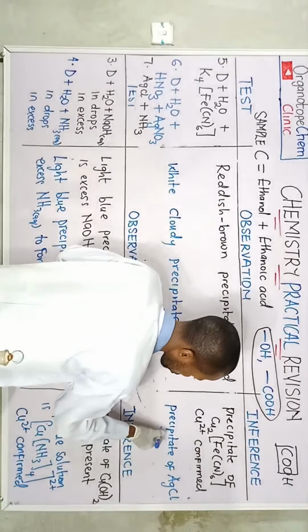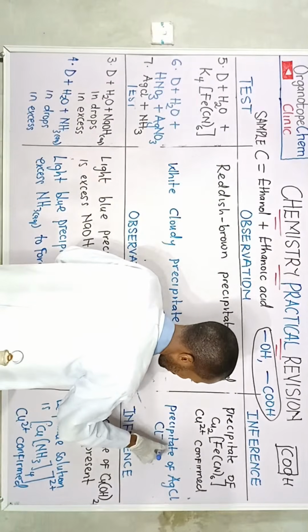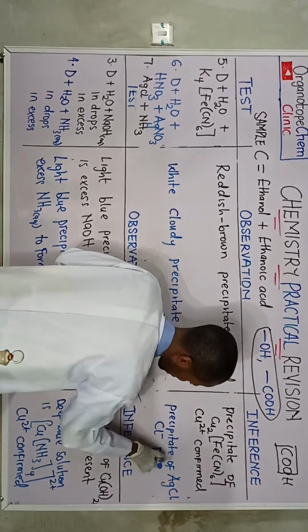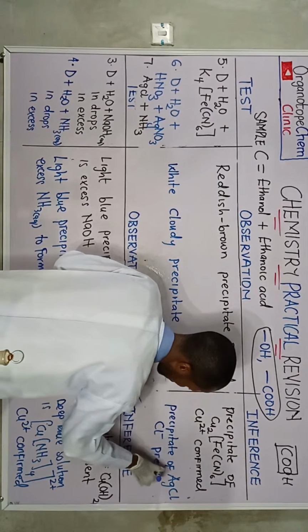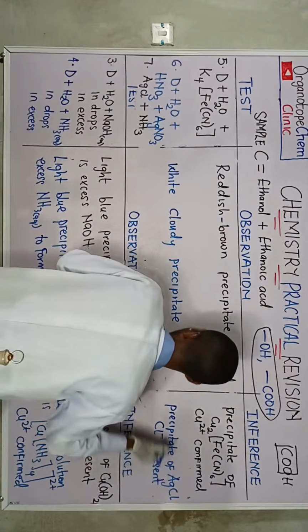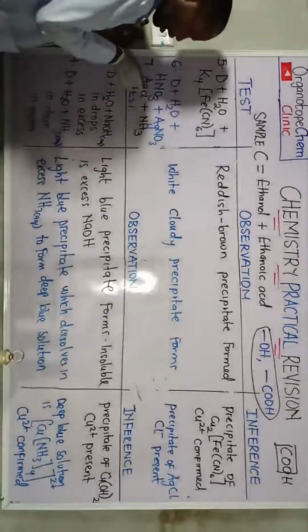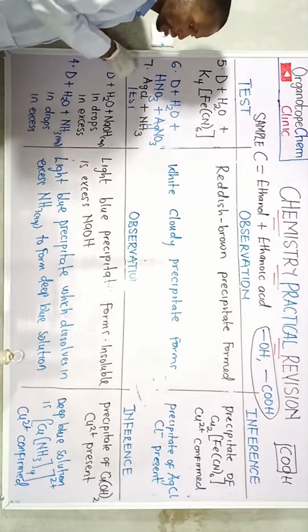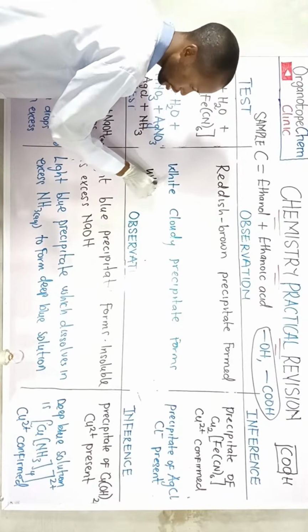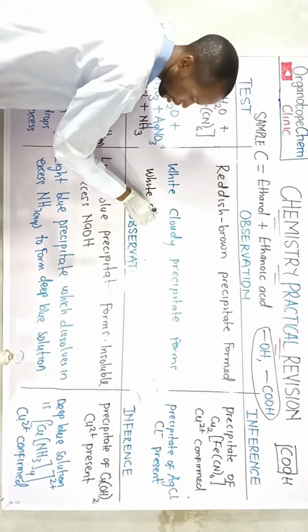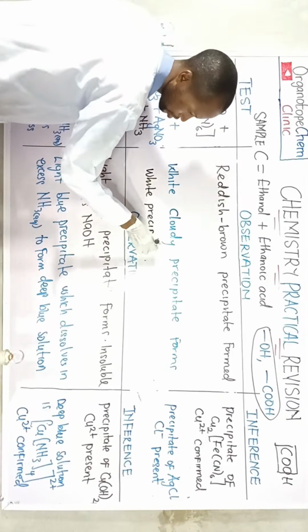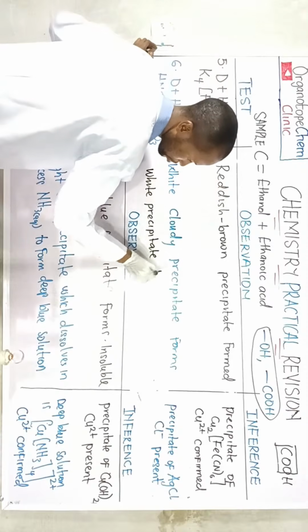So this one is only showing that chloride is present. Cl minus present. So we are on addition of ammonia to the precipitates. So the white precipitates dissolves.